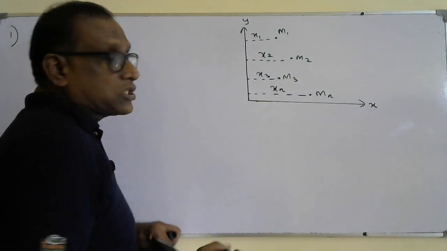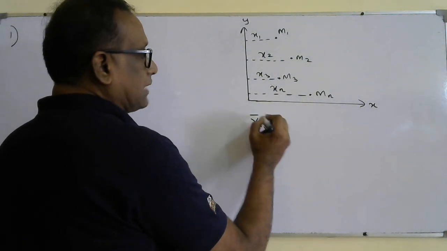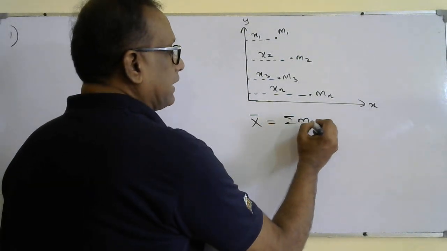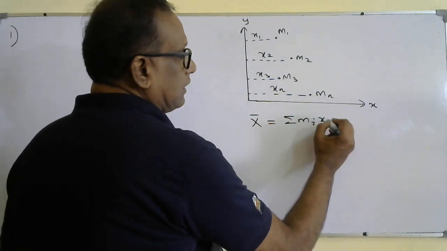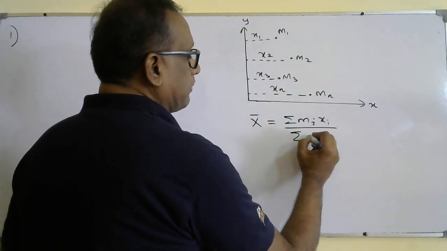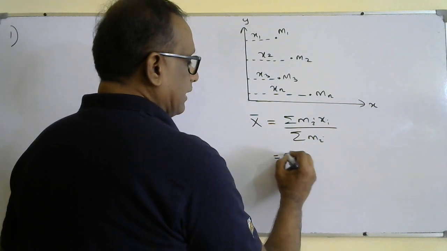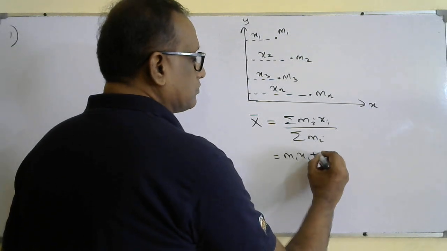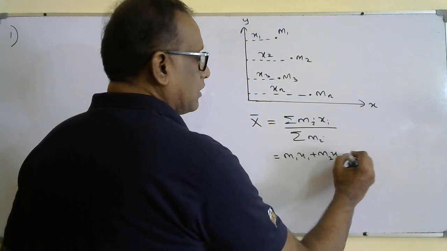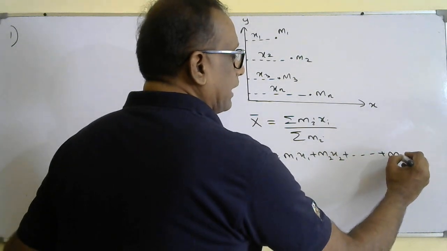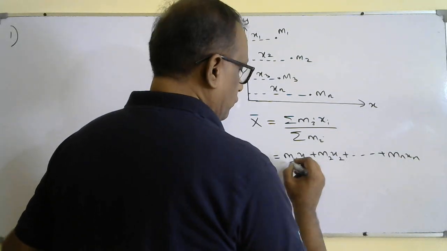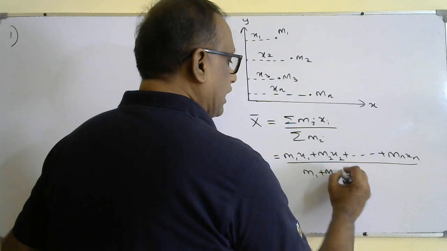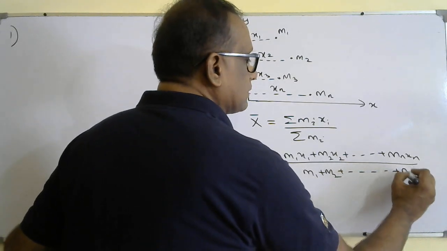So the x coordinate of the center of mass is given as x bar equals sigma mi xi over sigma mi, that is m1 x1 plus m2 x2 plus up to mn xn over m1 plus m2 up to mn.